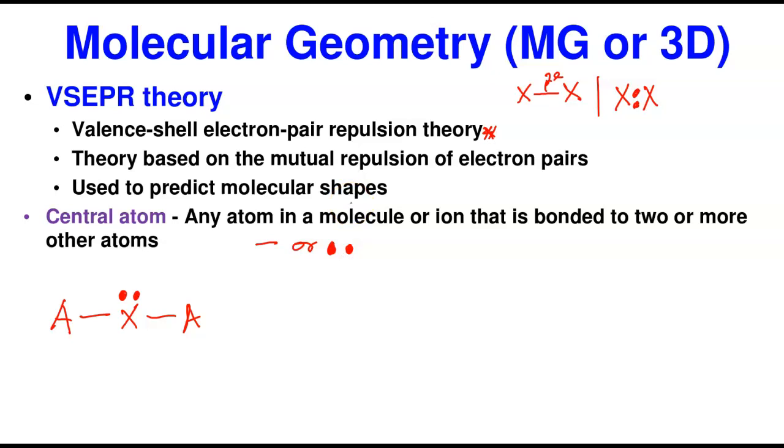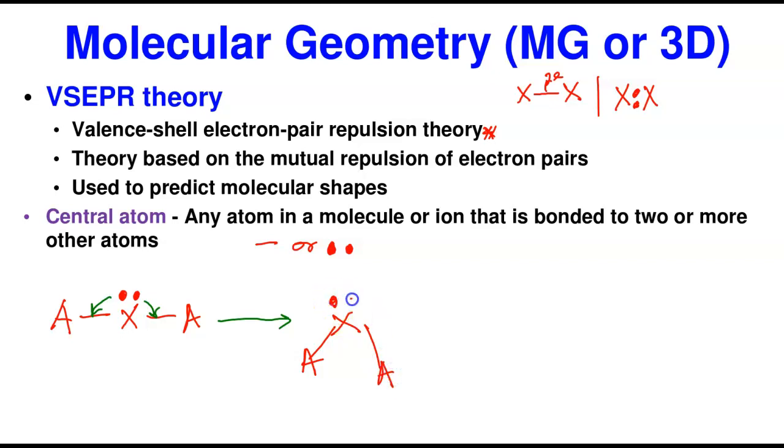Now, since we know that like charges repel and unlike charges attract, what it simply means is that these electrons here, if I use a different color, these are electrons, these are electrons. Since they're negatively charged, they're going to try to push each other away. And if they push each other away, they will end up assuming a different shape. The shape of this molecule is going to finally look this way.